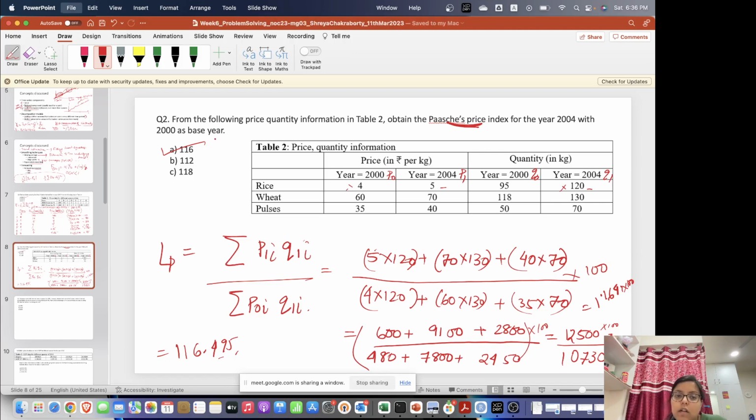Is it okay? Since we are having Paasche's price index, we'll weight by quantity at current year. Similarly, if we would have wanted Laspeyres' price index, we would have taken the quantity at base year.